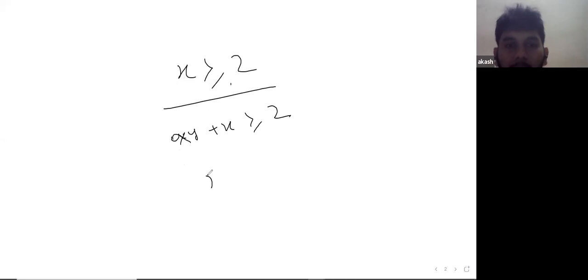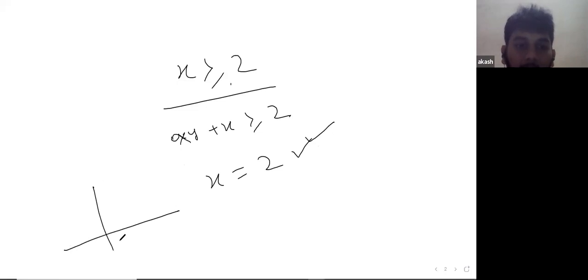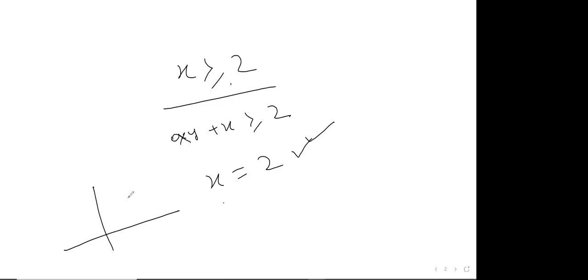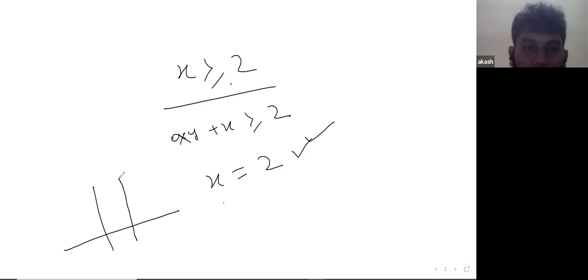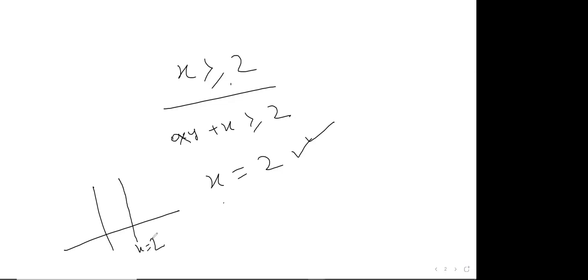Or you can simply write x is equal to 2. This line represents a line parallel to the y-axis, right? x is always 2 no matter what the value of y. Right, Gautam? So this line we have to draw.